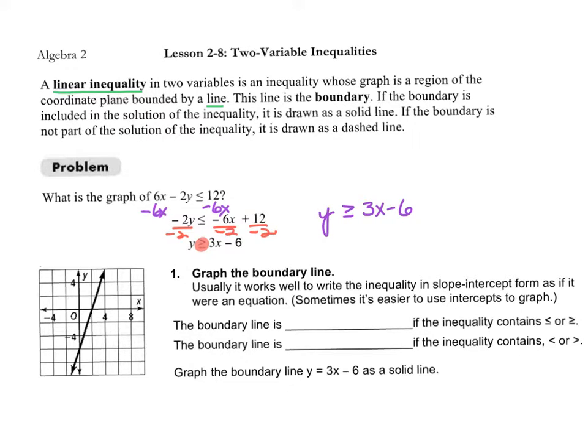So usually when we're going to graph the boundary line, it's going to work well to solve for y and put it into the y equals mx plus b form. Now these are inequalities, but the boundaries are lines. So the first thing we're going to do is figure out what the line should look like. If it's greater than or equal to or less than or equal to, it's got the equal to part, and that's going to make the boundary line solid.